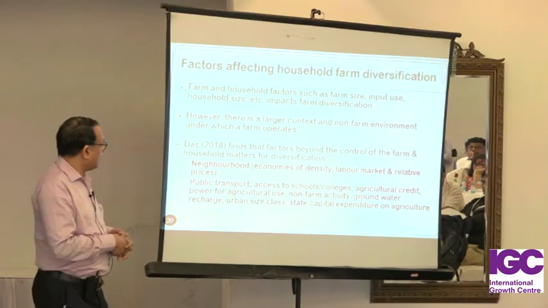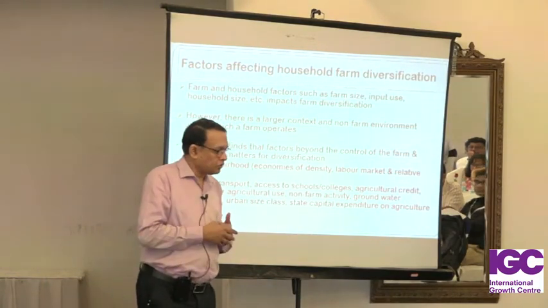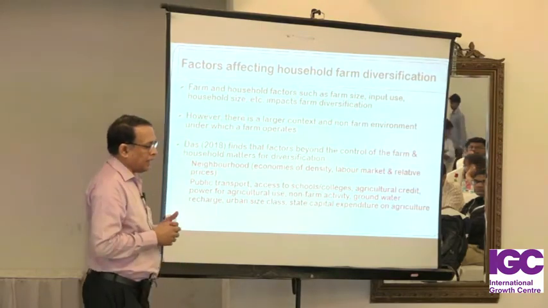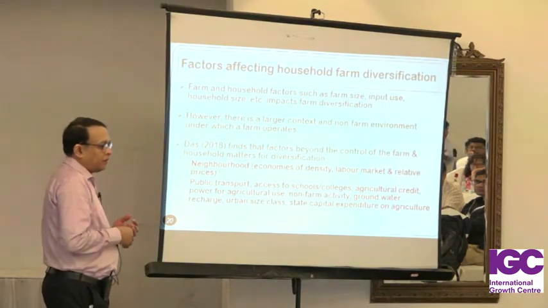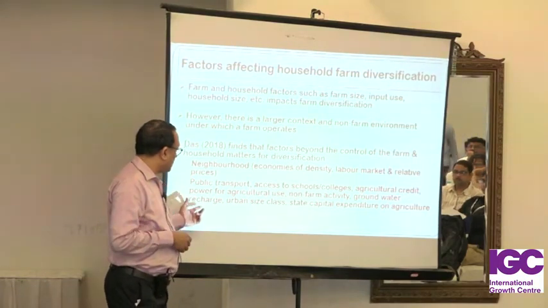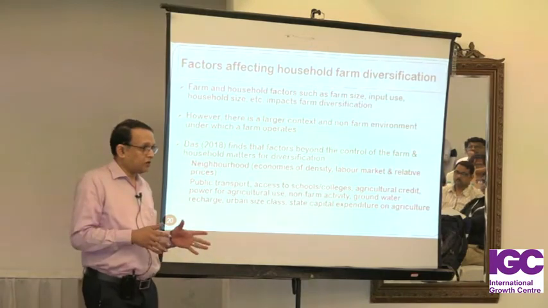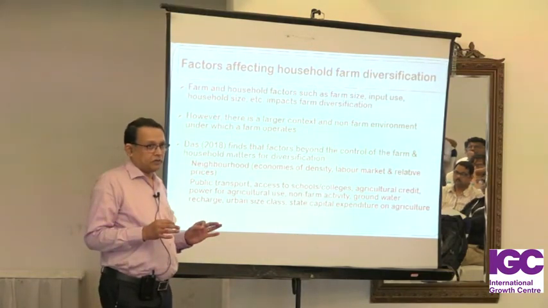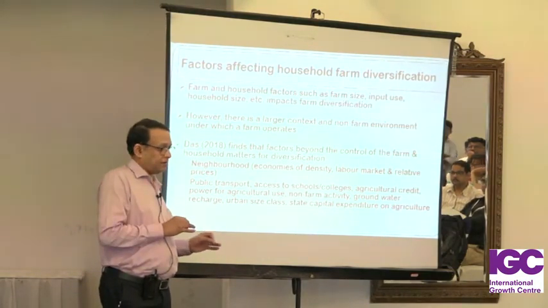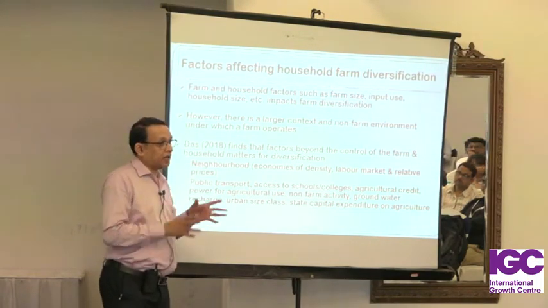Then there are issues like public transport, access to schools and colleges, agricultural credit, power for agriculture use, non-farm activity, groundwater recharge. These are all factors which are not in the farmer's control, but they matter. They all affect the level of diversification at the household level.